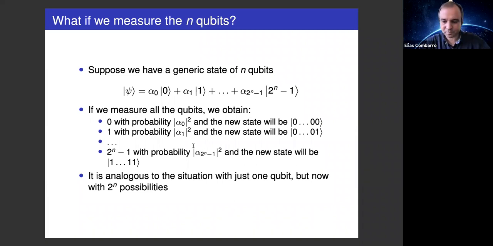So we know now how to have data in a quantum computer. We have this information stored in the state of the n qubit system that we have. We know how to obtain results. We need to measure, and this will collapse the state to a certain configuration that we can read.